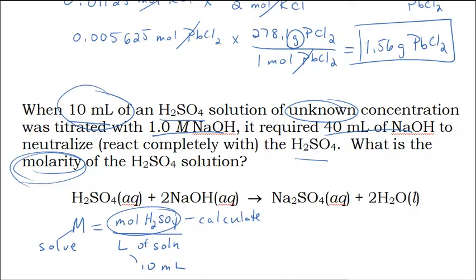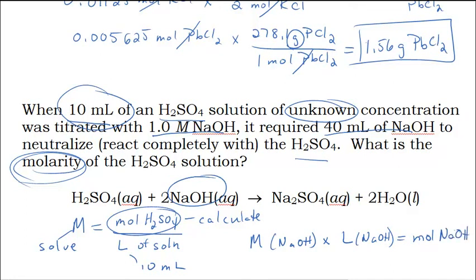We need to do some stoichiometry because we know the molarity of the sodium hydroxide solution that we're reacting with that H2SO4. We know the volume of that solution. It's not in liters, but we can convert that. So what can we calculate? Exactly, moles of NaOH.